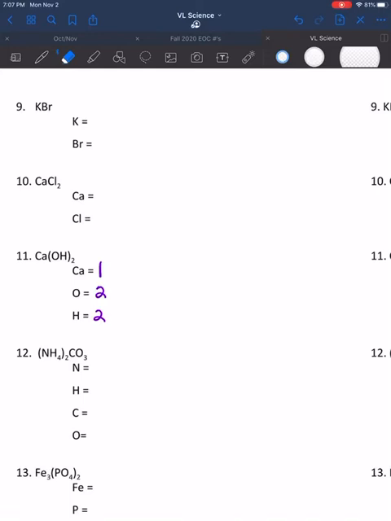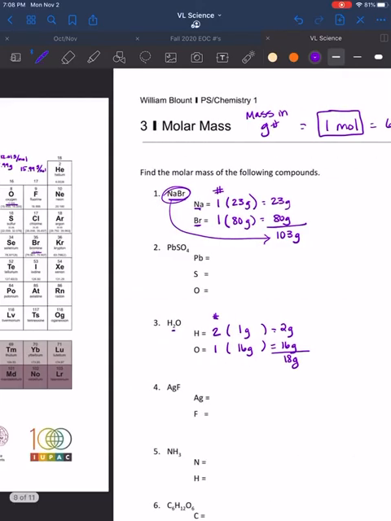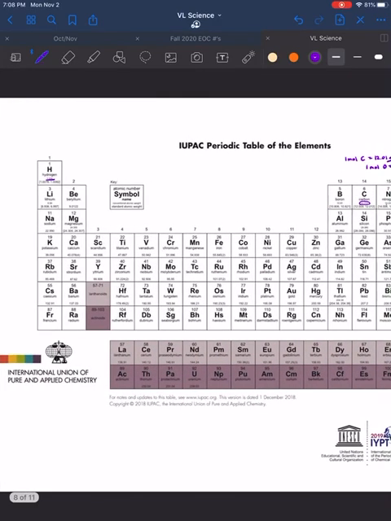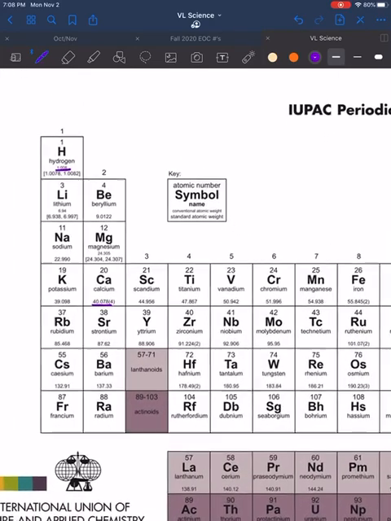So now all we have to do is go to the periodic table and find the mass of calcium, oxygen, and hydrogen. Well, we know from an earlier problem that the mass of oxygen is 16 grams. The mass of hydrogen is 1 gram. We need to go find calcium. So let's go back to our periodic table. Calcium is over here in group 2. He's one of our alkaline earth metals with a mass of 40.078, which we will round to 40.